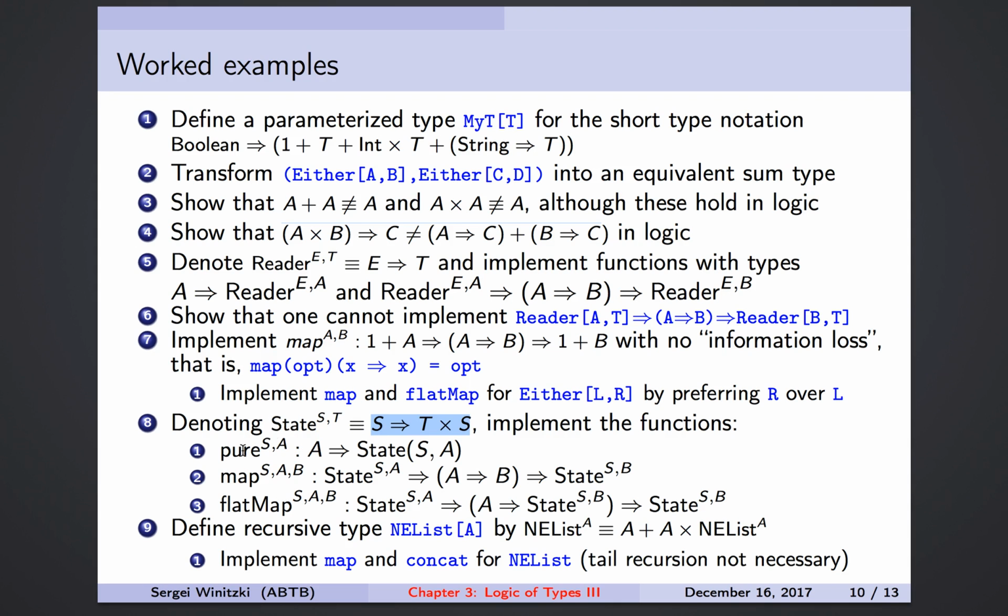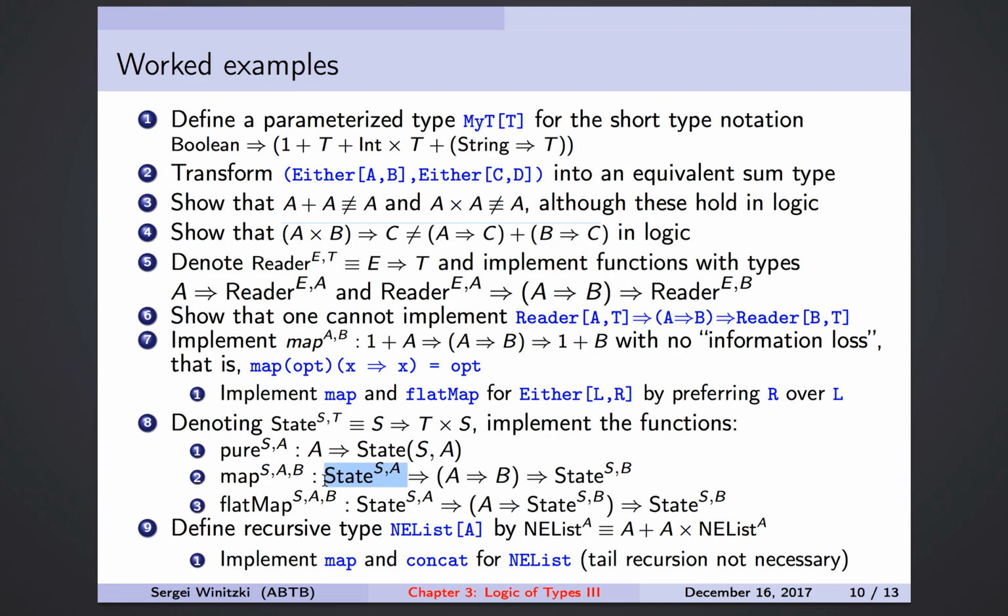Let's implement pure, map, and flat map for this type. So pure is a function that takes a value of type A and returns a state with parameters SA. I should have written this as a superscript in this slide, just like I've written it here.